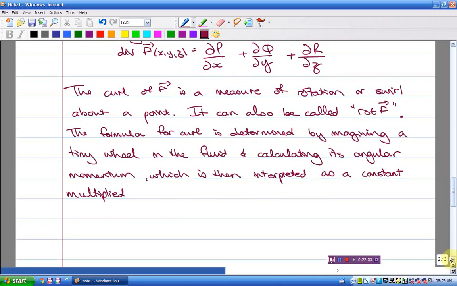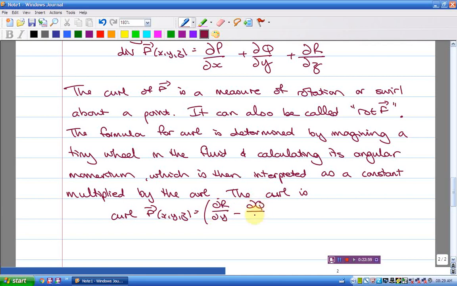It's interpreted as a constant multiplied by the curl, where the curl of F equals, okay, a rather clunky looking thing. However, I'm going to write down the clunky thing, but there's an easy way of working it out. Here is the clunky thing: dR/dy minus dQ/dz, comma, dP/dz minus dR/dx.